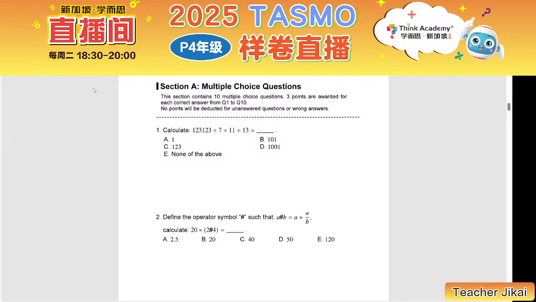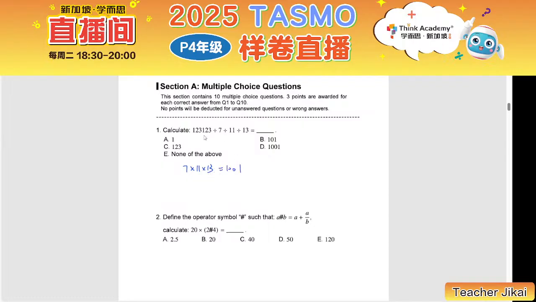So for the first question, it's about 123123 divided by 7, divided by 11, divided by 13. So you can see 7 times 11 times 13 is something you already know, right? You know it is 1001.